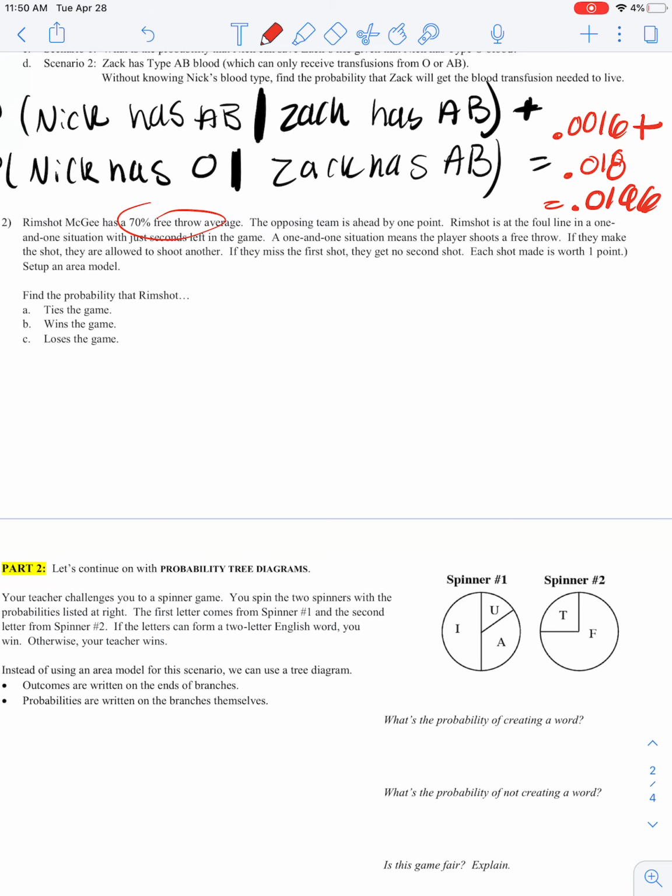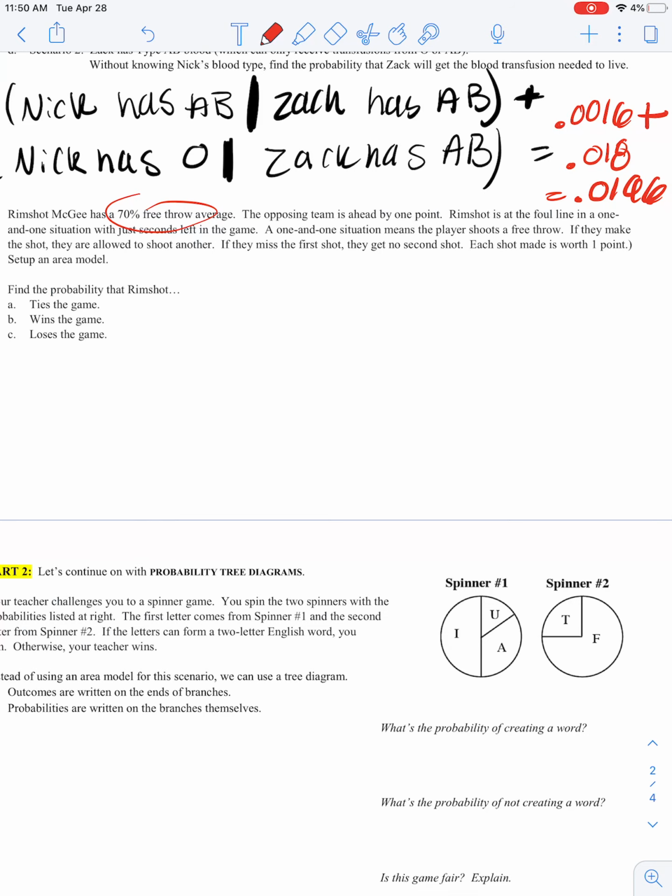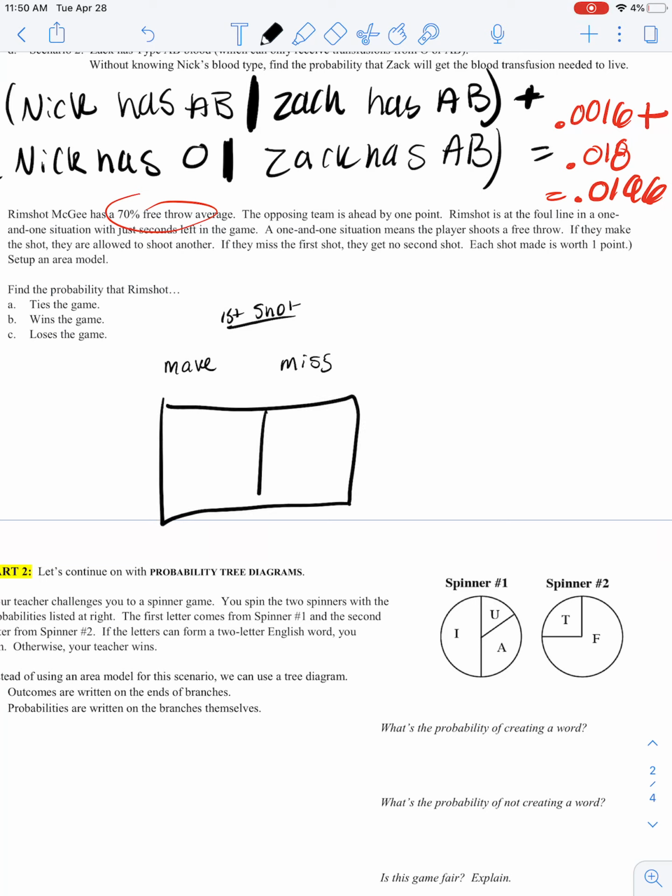Okay, so first we need to set up an area model to go for this situation. So first shot. The first shot, he can either make it or miss it. There's really only two options. So he has a 70% chance of making the first shot and a 30% chance of missing because his free throw average is 70%.